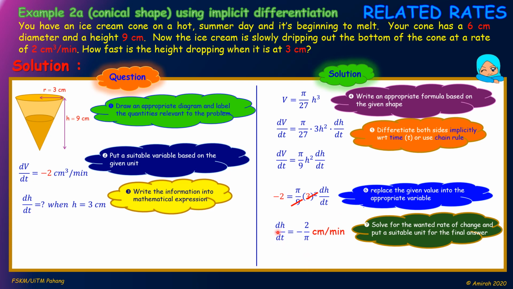And then over time here means over min, because the given question is in minutes. And after that, we can write the height of the ice cream cone dropping at a rate of 2 over pi cm per min. No need to write negative sign because dropping here means negative.